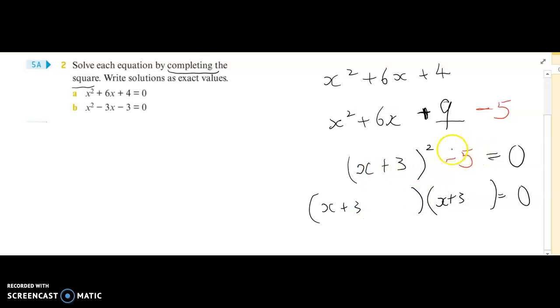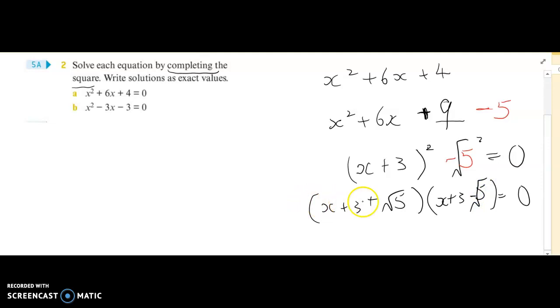We want 5 as a surd, so that root 5 squared gives us our difference of perfect squares, so that's plus root 5, and the other one must be minus root 5.